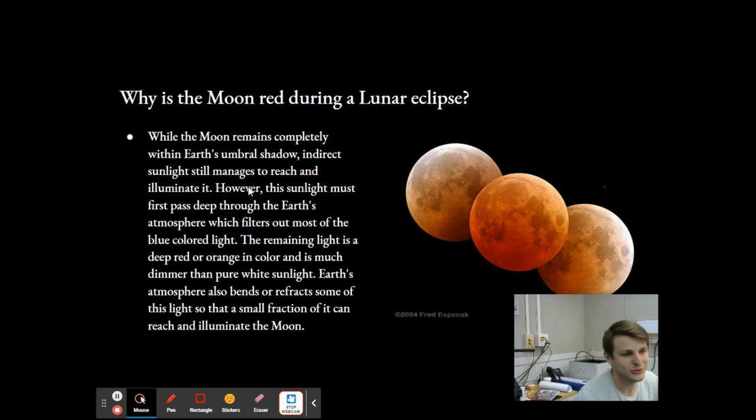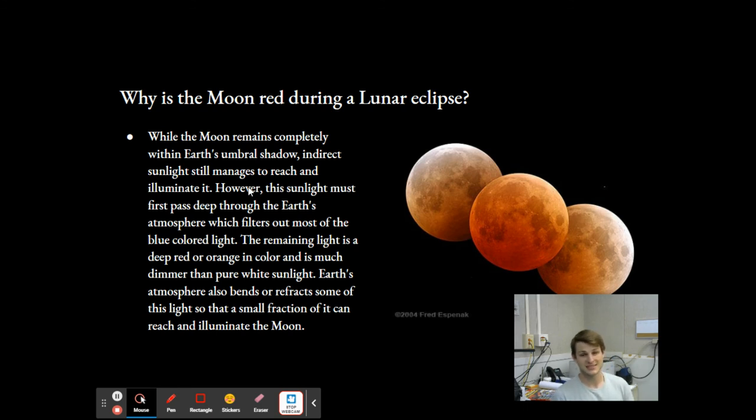Now, why is the moon red during a lunar eclipse? I get this question a lot. If you think back to our last unit, waves, we talked about refraction and the filtration of light, right? So a lunar eclipse occurs whenever direct sunlight is blocked from hitting the moon.